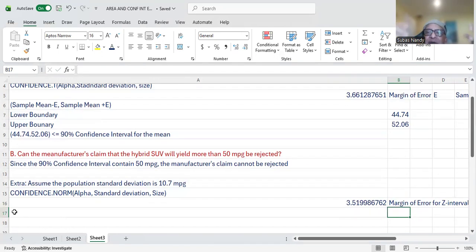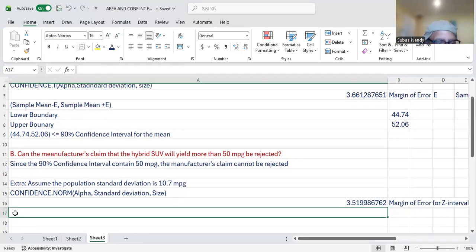We are working with the sample standard deviation, so there's some doubt in the actual population standard deviation without it being known. Hence, for the T interval, the confidence interval is wider, as you will see. So I'll calculate the lower and the upper.